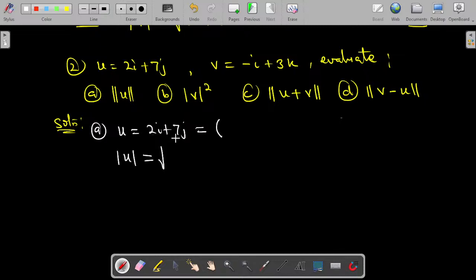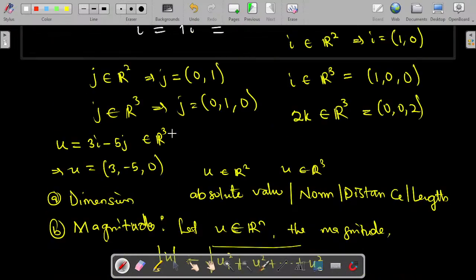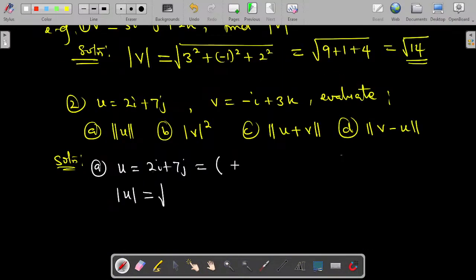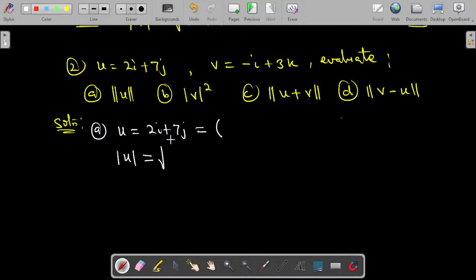We were the ones writing all the things I gave here. You should be able to put any vector in the bracket form. If you put this one in bracket form, that's going to be 2, 7. Okay? So all you need to do is to pick this component, square it, plus you pick the second component, square it.